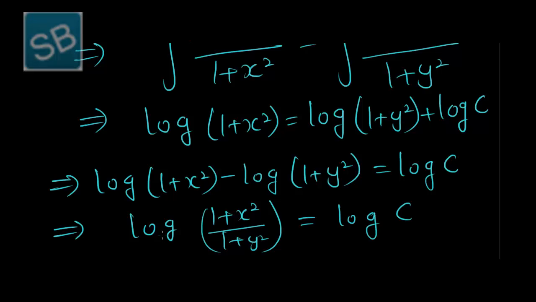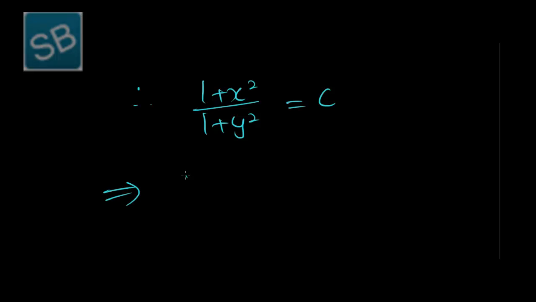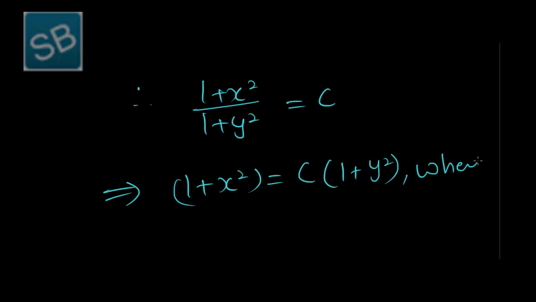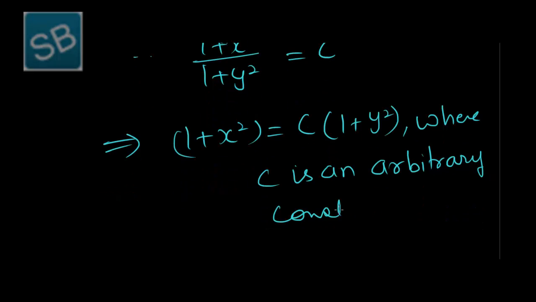So as log x is equal to log y gives x is equal to y, therefore 1 plus x square over 1 plus y square is equal to c. That gives 1 plus x square is equal to c times 1 plus y square, where c is an arbitrary constant, and the above solution is the general solution of the given differential equation.